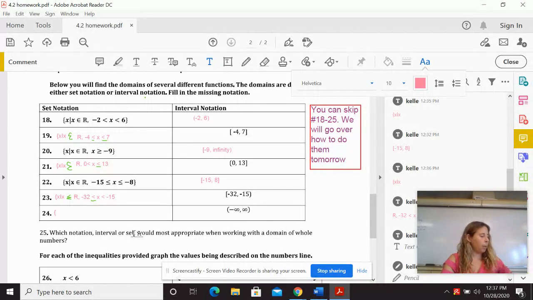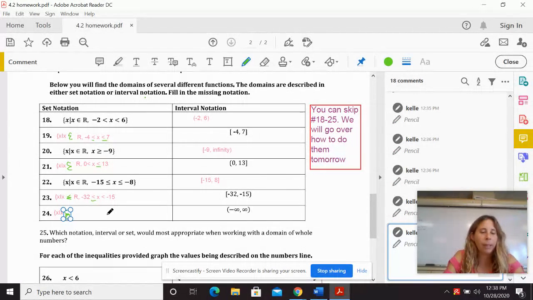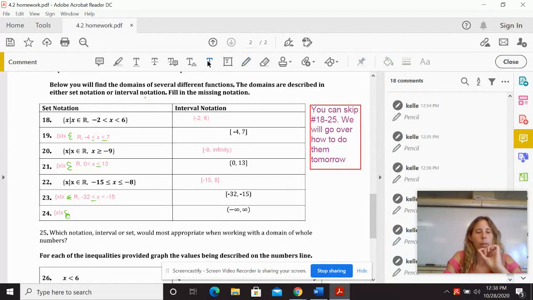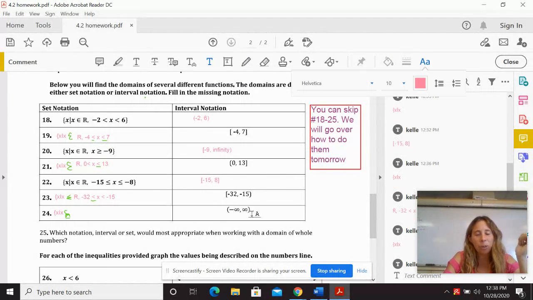Then finally, the last one. Brace, x, straight line, x, and my little e. You're probably like, we get it, Miss Bailey, you don't have to draw it every time. But now I'm committed to it. This one is negative infinity to infinity. So x is an element of all real numbers.